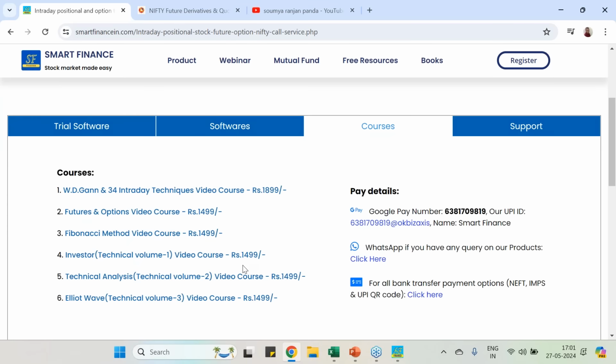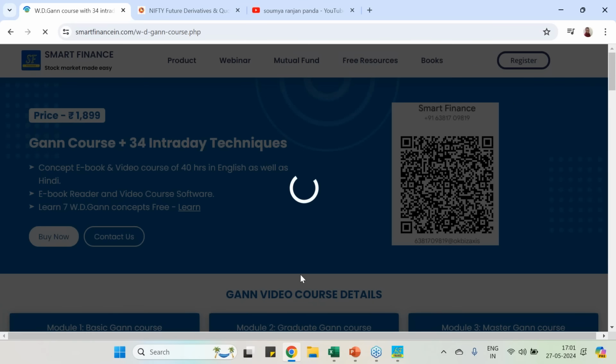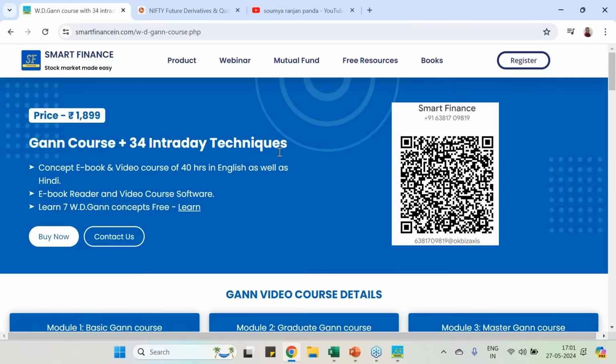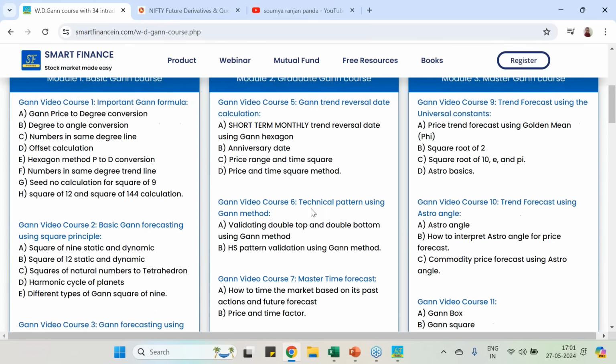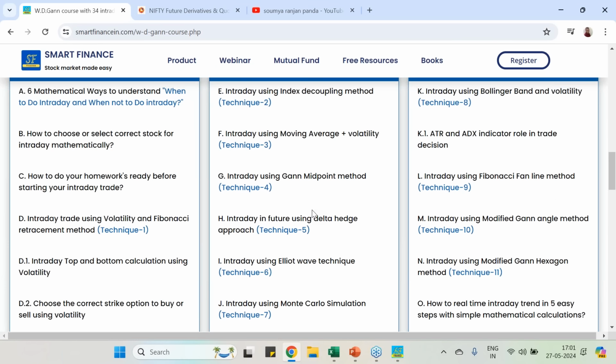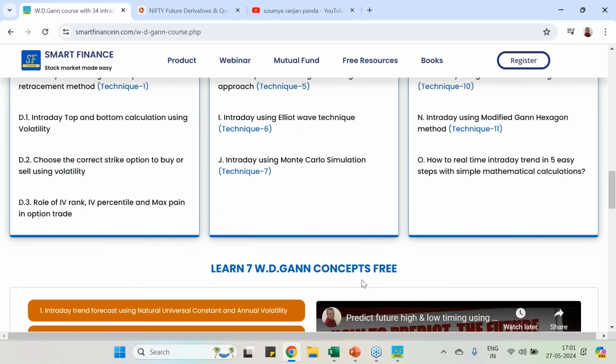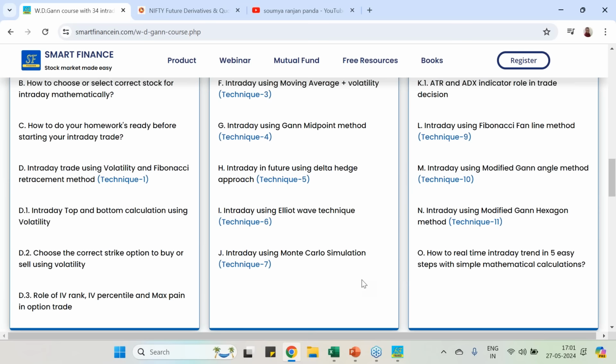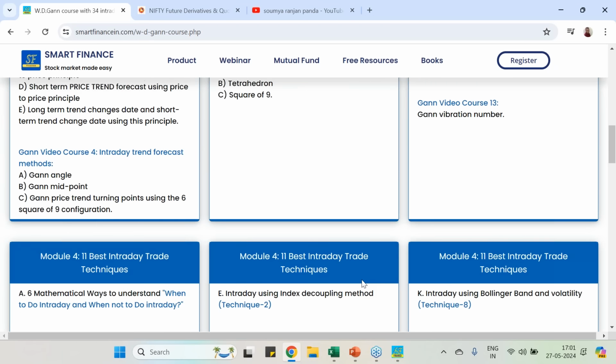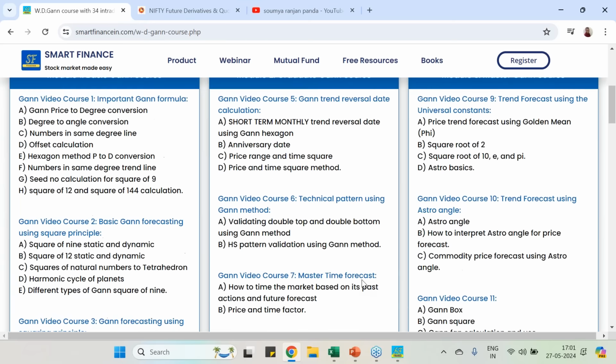Similarly, I have given 34 intraday trading techniques in this ebook on WD Gann, as well as in my video course, where I have explained techniques number 1 to 11. These are intraday mathematical techniques, time tested, very accurate and purely mathematical.